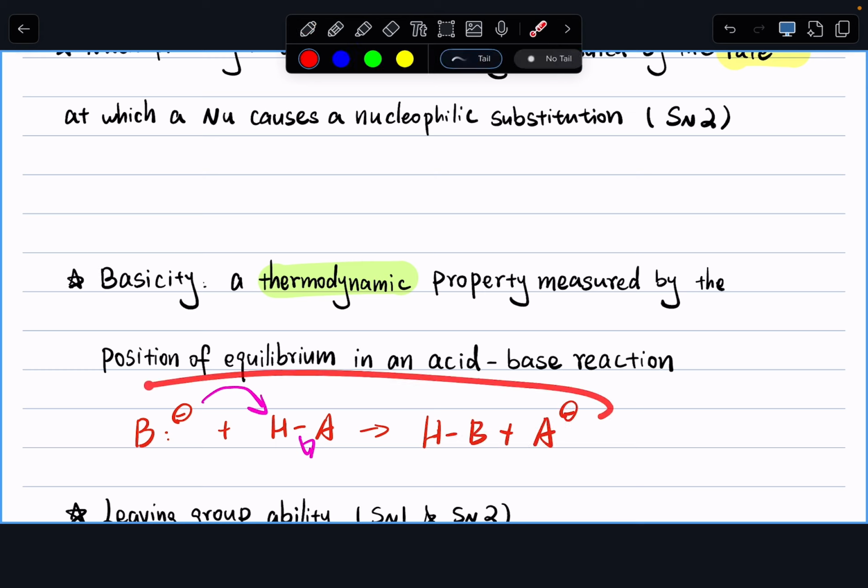So basicity describes the overall thermodynamics of this Bronsted acid-base reaction. They are related, but they are conceptually different things. Typically the basicity and nucleophilicity of a group will correlate with each other, but they are conceptually different.